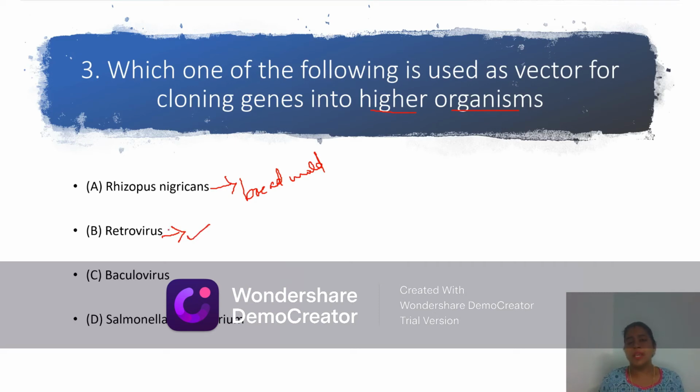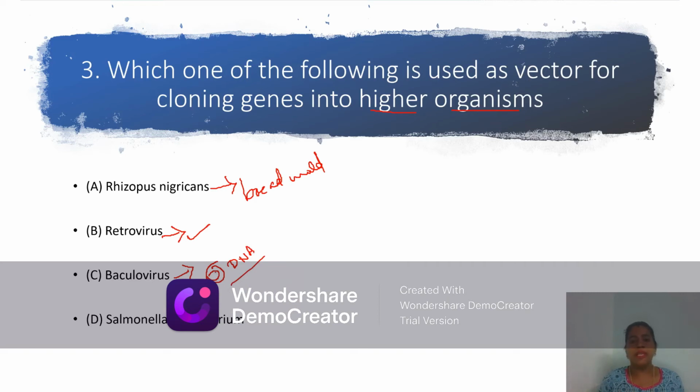You know that in higher organisms, if you want to transfer a piece of DNA, you can use retrovirus as the vector. What about baculovirus? Baculovirus is also a useful virus, but we cannot use it in genetic engineering experiments because its genetic material is double-stranded DNA.